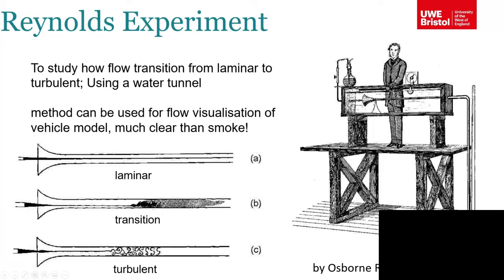We talked about streamlines, straight lines, and so on. Remember? So what is ink? It's a straight line, isn't it? So ink will represent a straight line. In laminar flow, the straight line and the streamline are the same, aren't they?